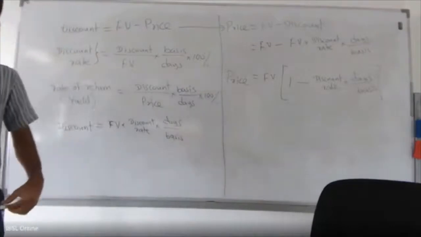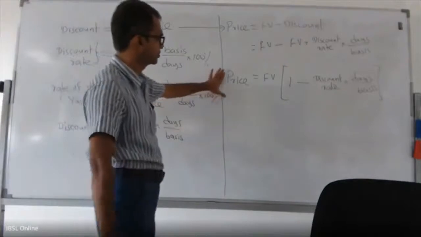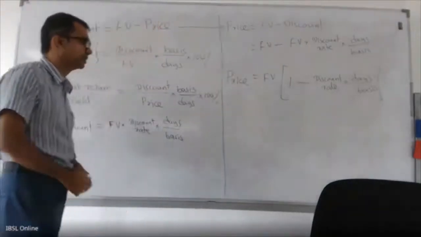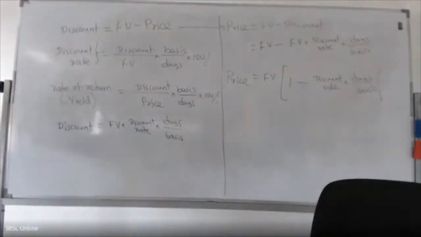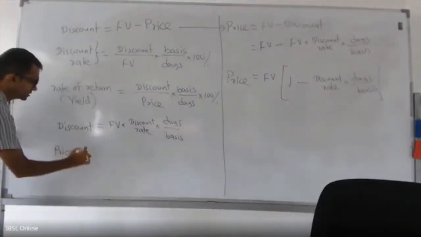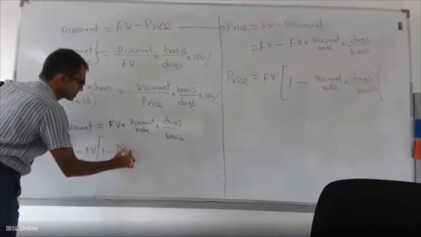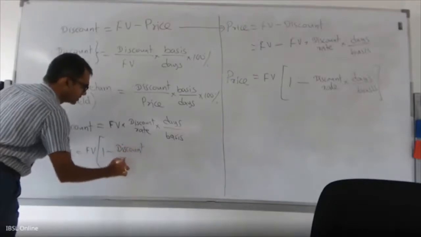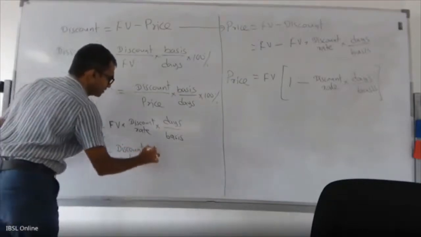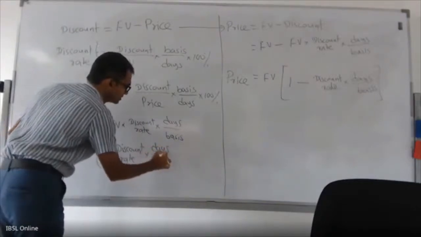So instead of calculating discount and deducting it from the face value and finding the price by following two steps, we can use this equation straight away to calculate the price when the discount rate is given. So price equals face value 1 minus discount rate into base over basis.